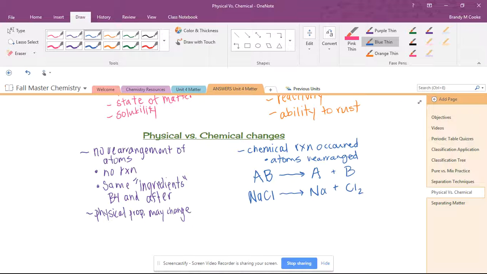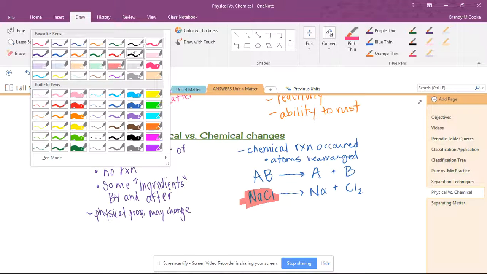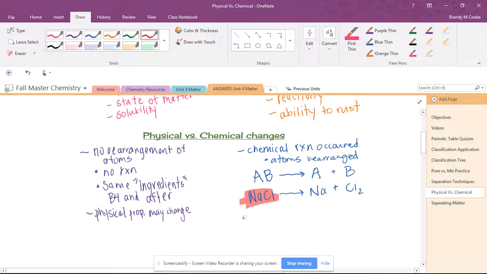Just a quick review about this chemical equation here. The left side of a chemical equation, what I started with, those are the reactants, and that's something that I need you guys to be able to identify. And then over on the other side, these guys are the products.